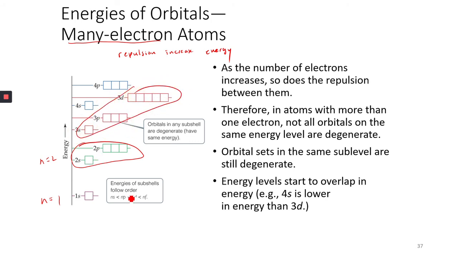S, then P, then D. So here, your energies, again, this is your lowest to your highest energy. What's interesting is within a sublevel, so if you're in the same sublevel, they have the same energy, right? All of these have the same energy.